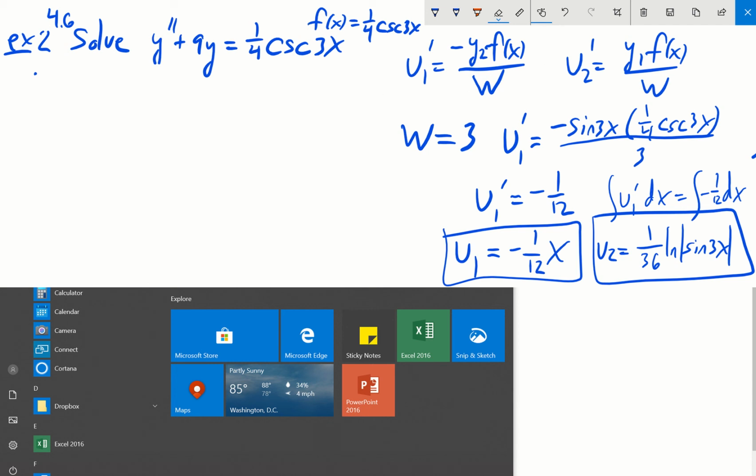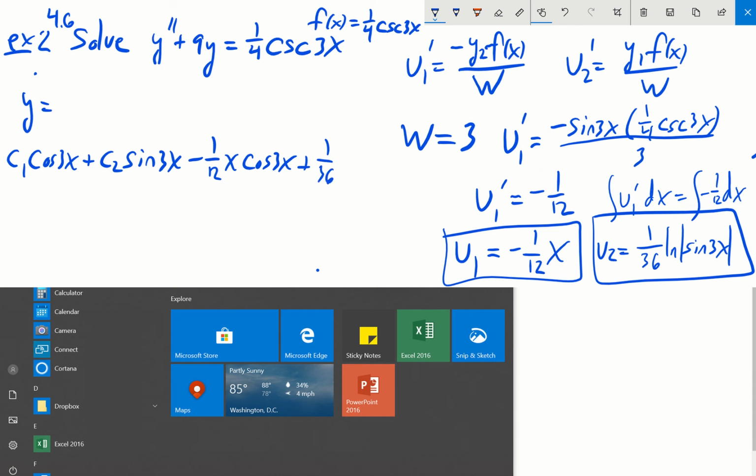So our general solution y is going to be equal to yc, which, if you look back through it, was c1 cosine 3x plus c2 sine 3x, plus u1, which is negative 1/12 x, times y1, which was the cosine of 3x, and then plus u2, which is 1/36 the ln of the absolute value of the sine of 3x, times y2, where y2 was the sine of 3x.